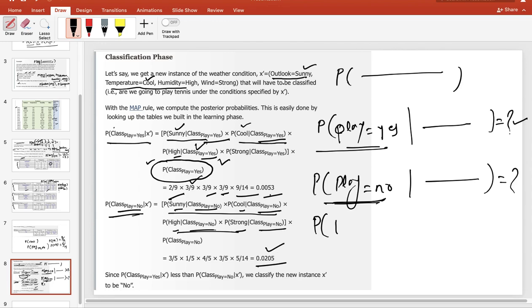That means the class should be no. That means with the given weather conditions we should not play, right?